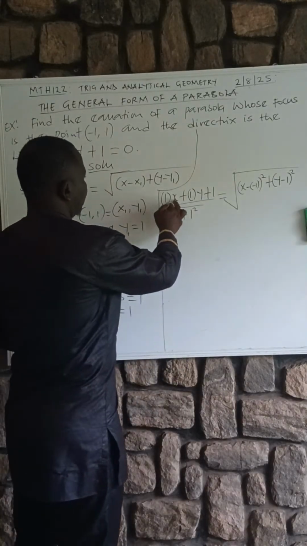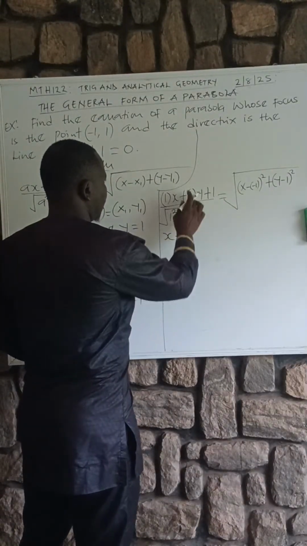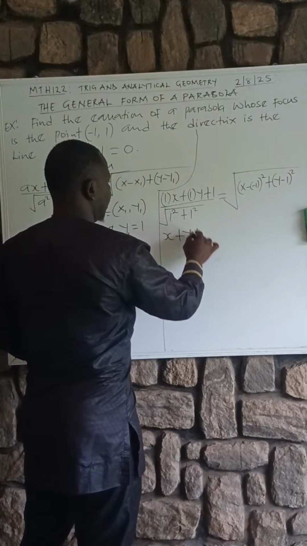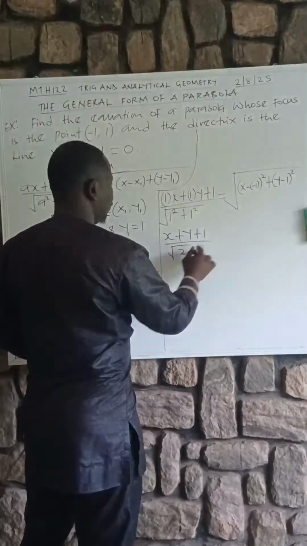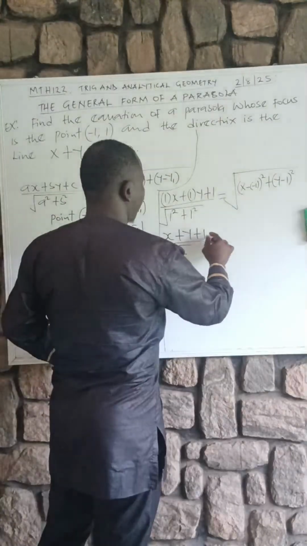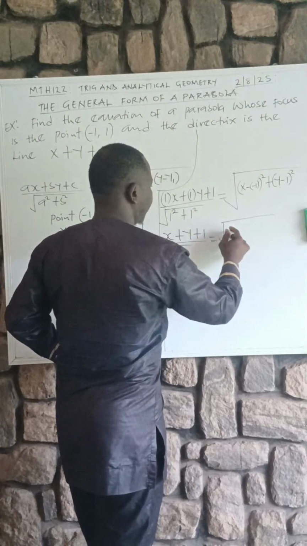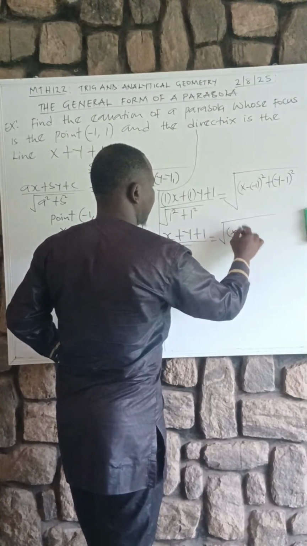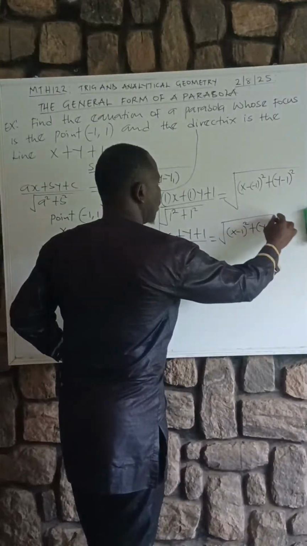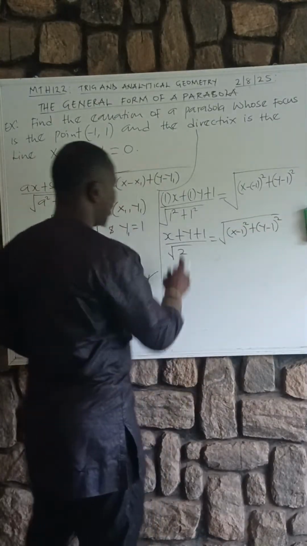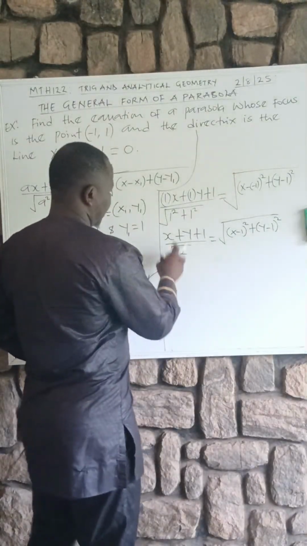This time this is x, this time this is y plus 1. Then here we are going to have the square root of 2. This is equal to the square root of (x minus 1) squared plus (y minus 1) squared. By the time we square both sides, this will be 2.